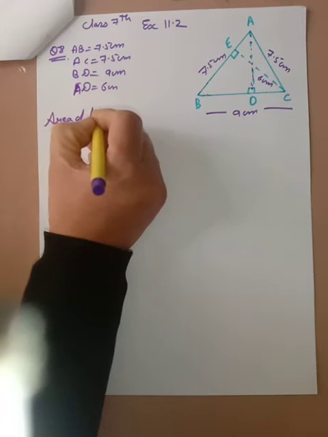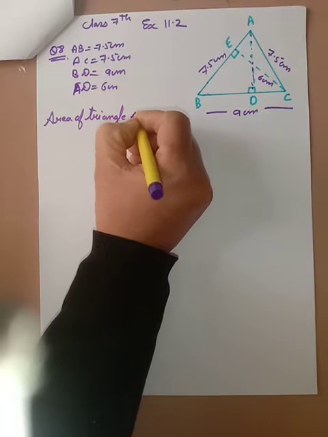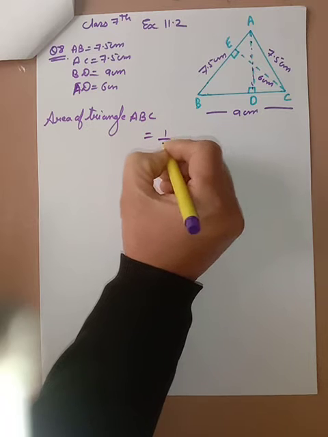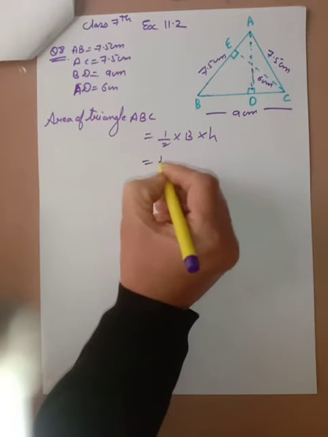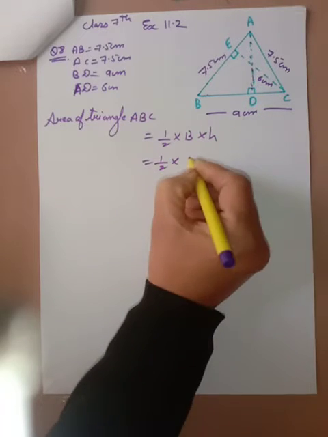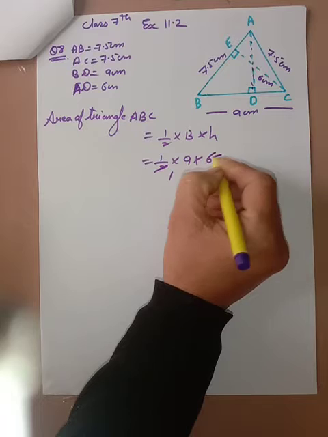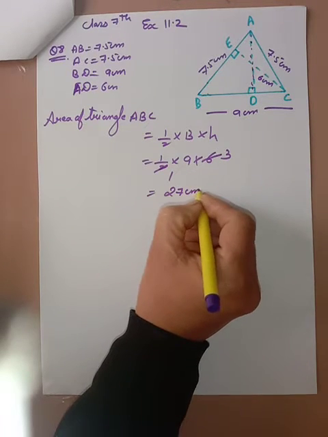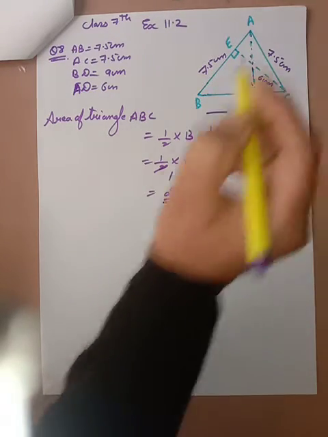Area of triangle ABC, the same formula, half into base into height. Half, base 9 centimeter, height is 6 centimeter. 2 ones are 2, 3 threes are 9, 3 nines are 27 centimeter square. We got the area. Again now I will find this.